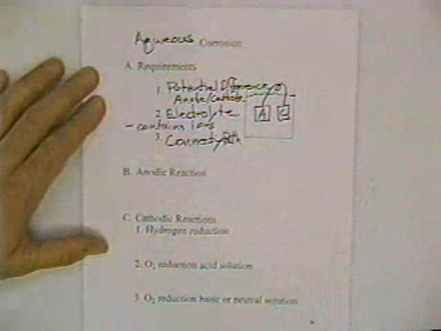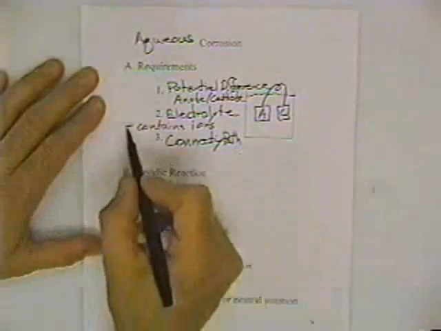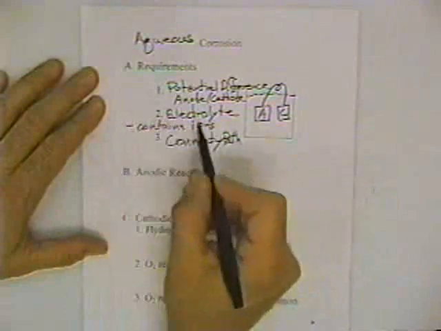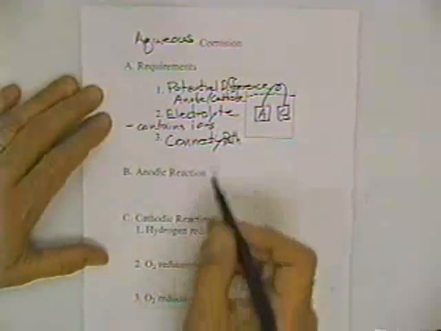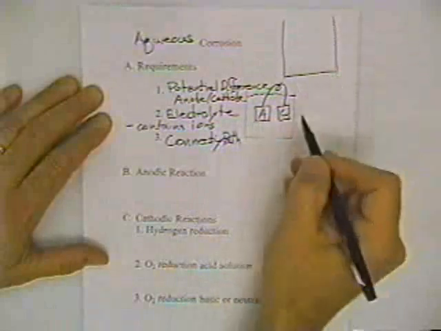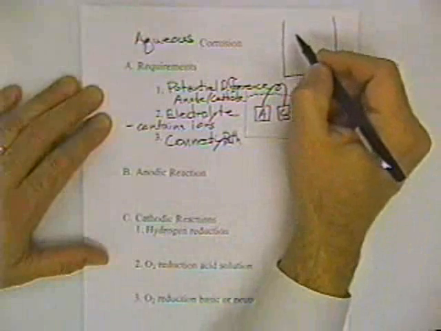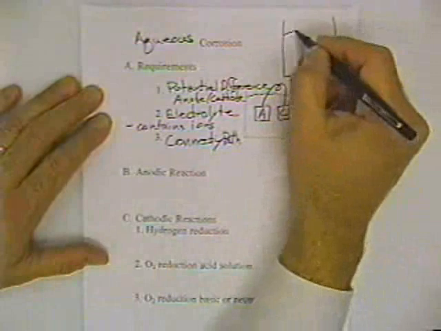Now, we actually have learned 3 ways to stop corrosion. We could break the connecting path, we could remove the solution or keep it dry, and we can avoid the potential difference. Now, this shows a separate anode and cathode, and we know that if we leave a hammer out overnight in the warm, damp air, in the morning there will be some rust on it.